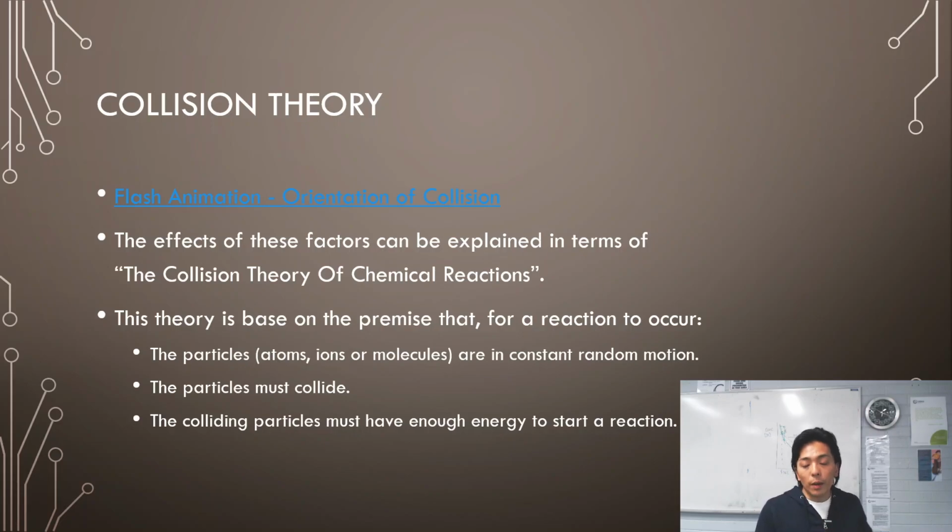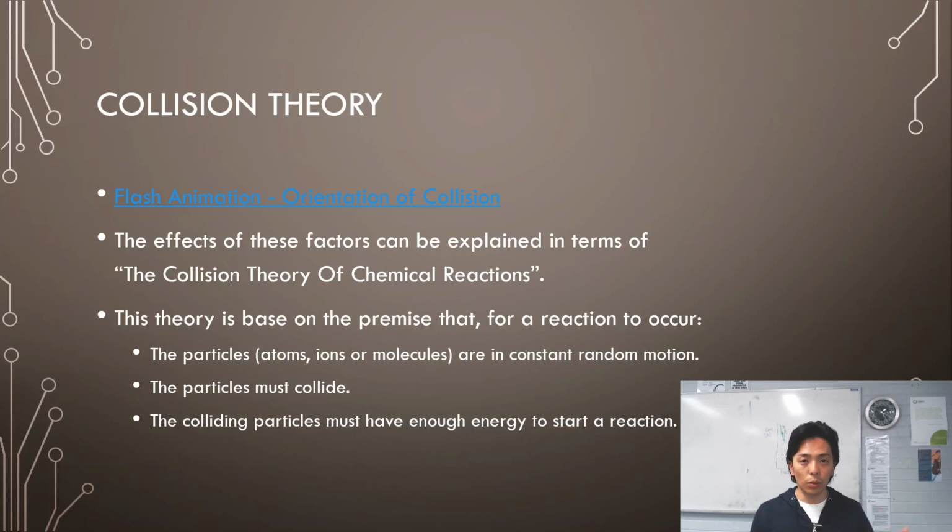Collision theory of chemical reactions. What is it? It's the effect of these factors which allow you to explain how things change depending on the factors. It's a theory that's based on the premise that for a reaction to occur, the particles, atoms, ions, and molecules, are always moving, in constant motion.